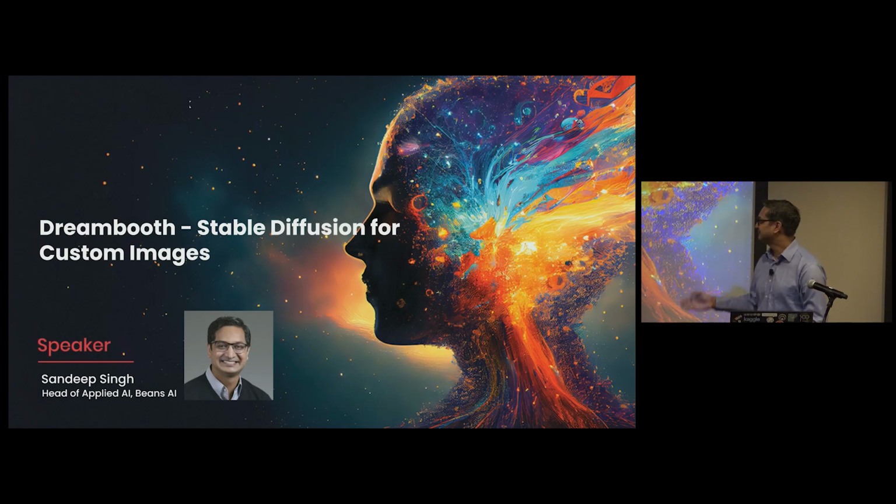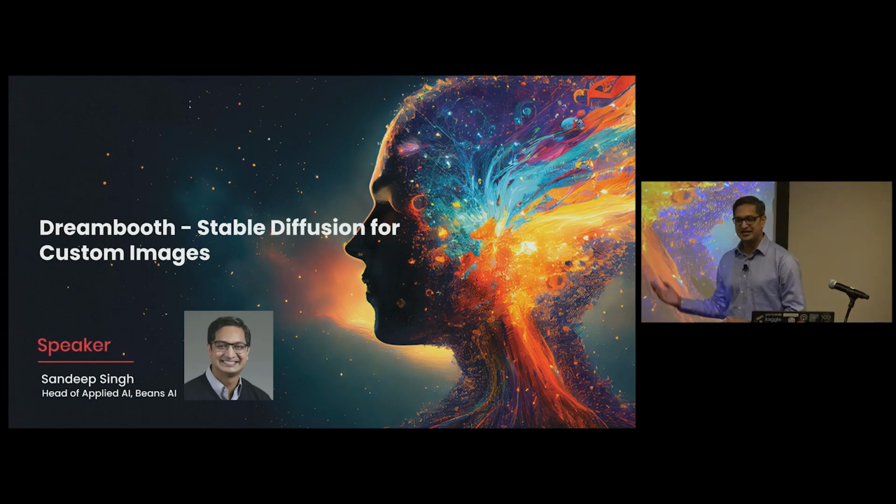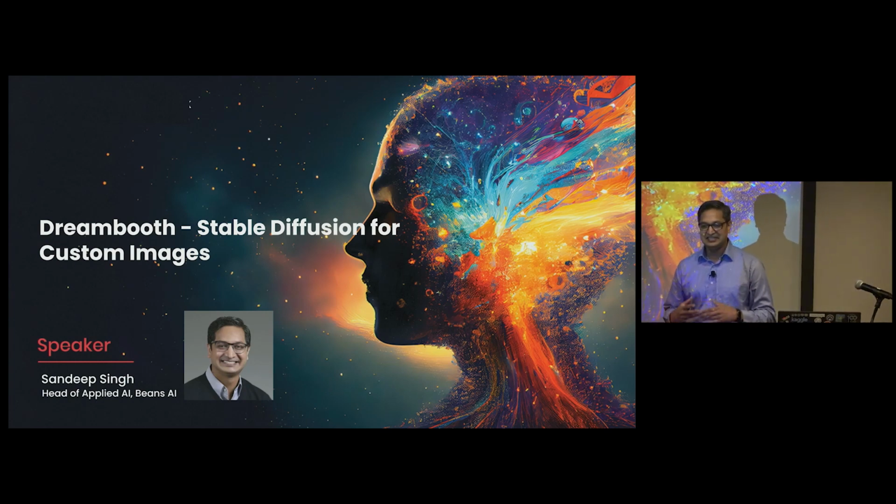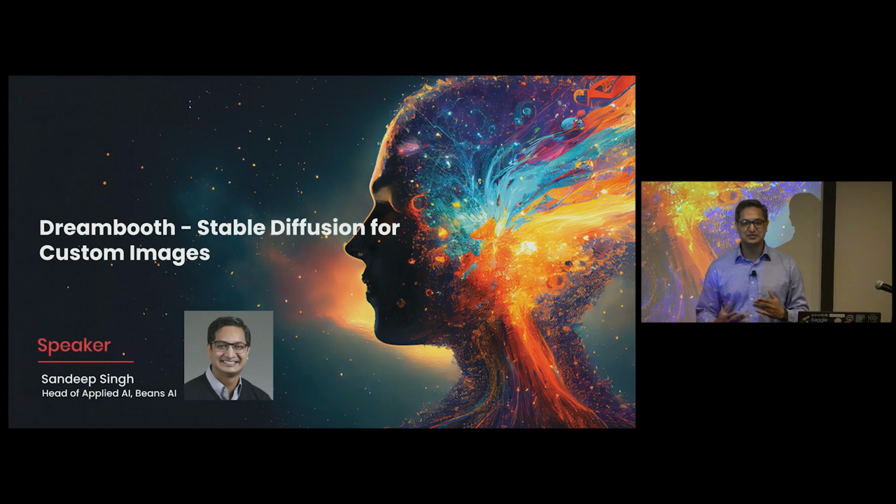Hello, everyone. My name is Sandeep Singh. I am head of applied AI at Beans.AI. Beans.AI is a company which creates hyper-accurate maps. And these maps are used by logistic companies to deliver things more efficiently.